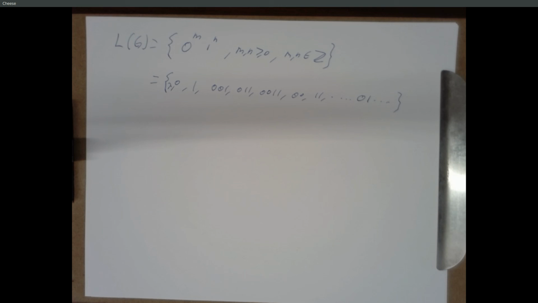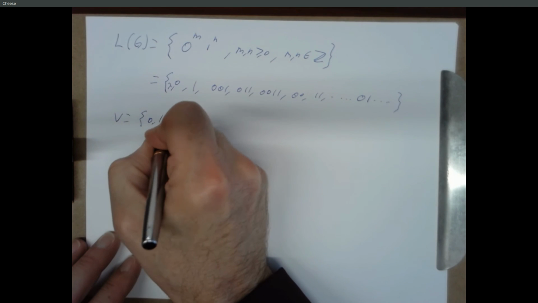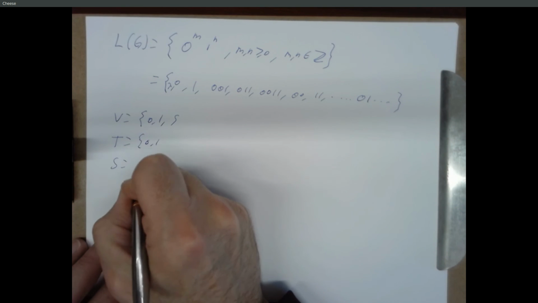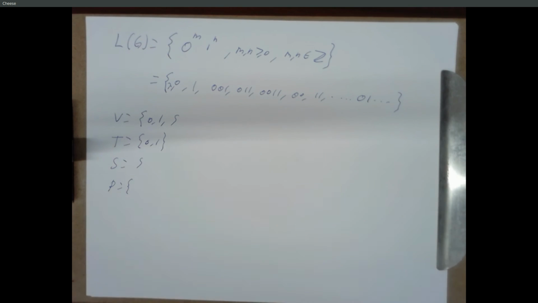So this exponent notation is just a shorthand way of writing m copies of 0. So think about what kind of production rules we can make to describe this language.